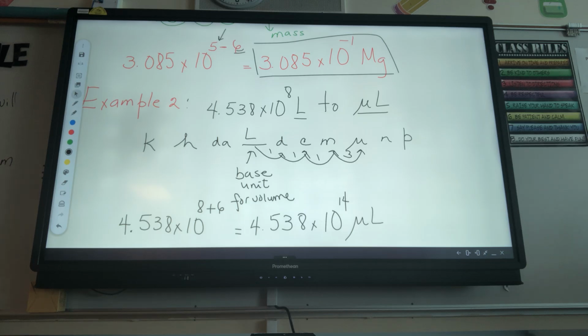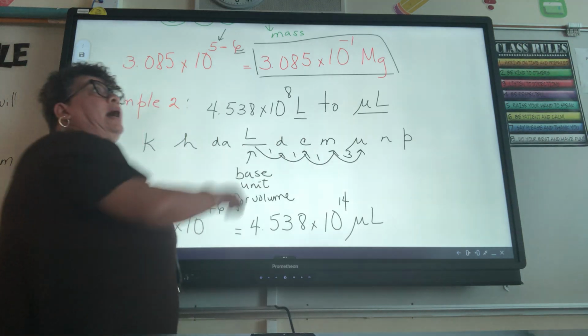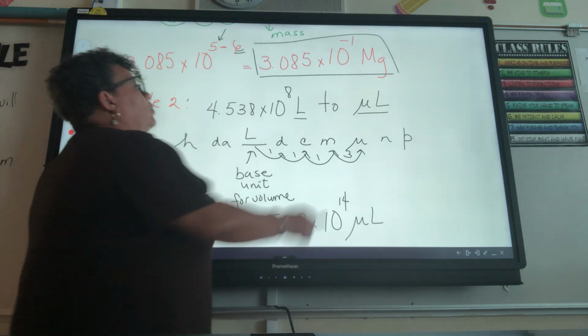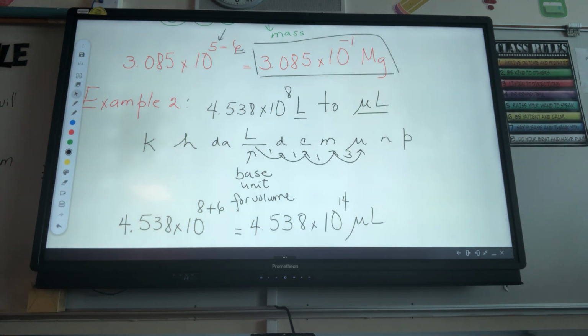Do I have a word in common? Liter. So my first step, I'm going to write my mnemonic. King Henry Died, base unit, drinking chocolate milk. And I have to move to micro, not pico. Am I going to the right or to the left? Right.